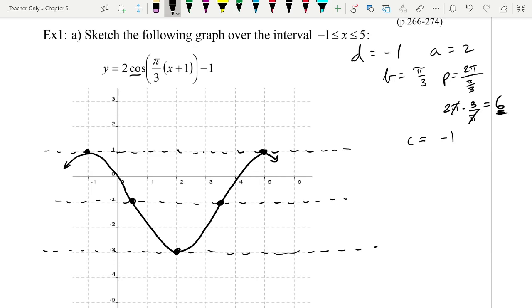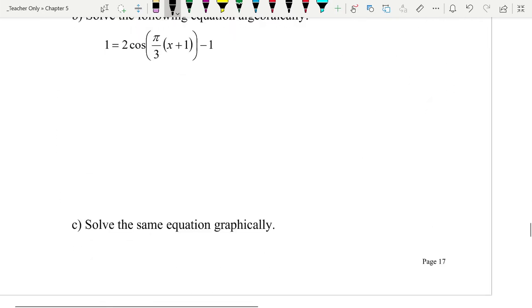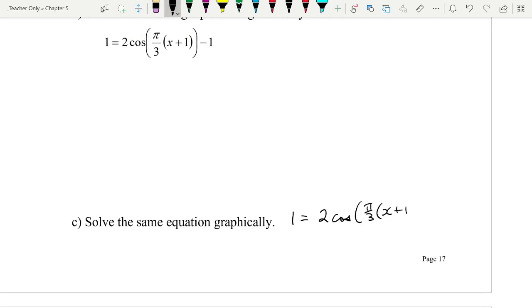I'm going to jump to part C, actually. Part C says, solve this equation graphically. So the equation is 1 equals 2 times the cosine of pi by 3 times x plus 1 minus 1. Oh, well, wait a minute. I just graphed the right-hand side.